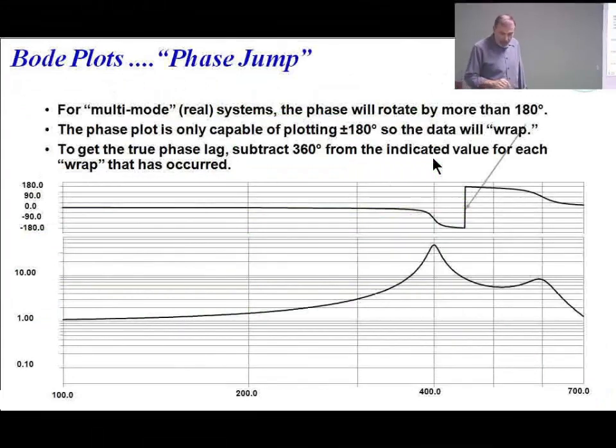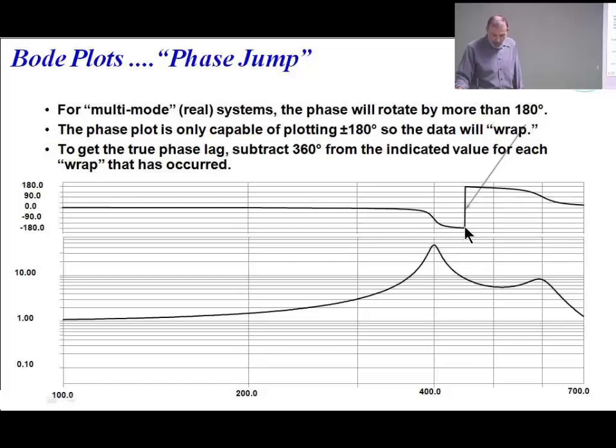Now, one of the things that you see when you do a Bode plot is if there are two modes, the phase falls behind at the modal frequency. It's minus 90 degrees at the modal frequency. And then a second mode is going to roll the phase some more, which is actually coming down here.